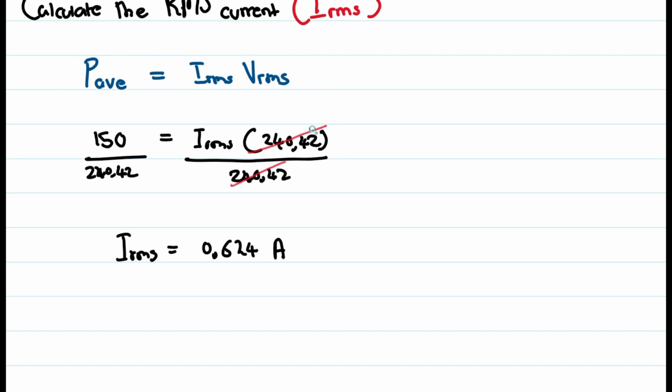Now there is another way in which we can find IRMS. We can do this by using Ohm's law. Remember that I usually write this everywhere, before I attempt questions, especially electric circuits.